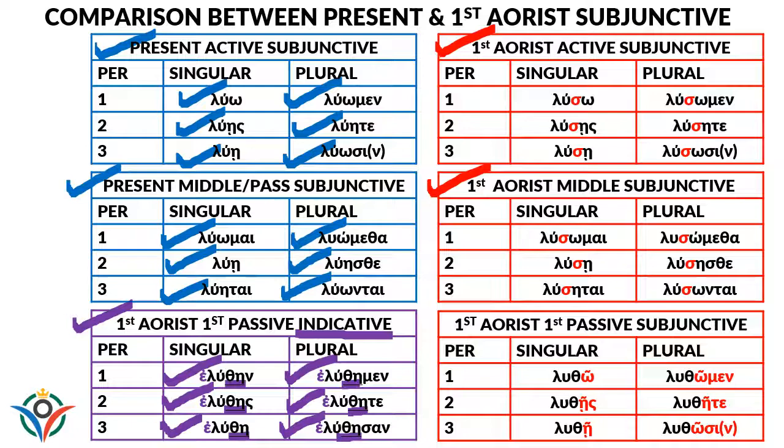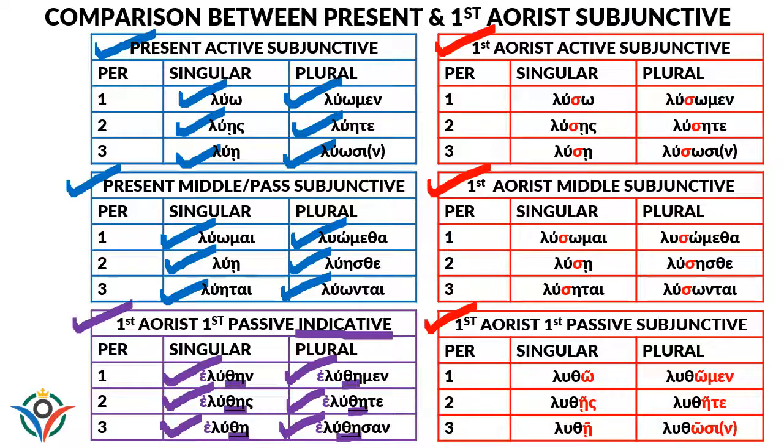All right, now as we move over to the first aorist passive subjunctive, you'll notice that the first big difference is that there are no augments, and that is because in the subjunctive mood, remember, time is not significant. The second thing that you'll notice is that whereas in the indicative mood we had the theta eta, we now only have the tense formative theta, which is the key to recognizing the first passive.